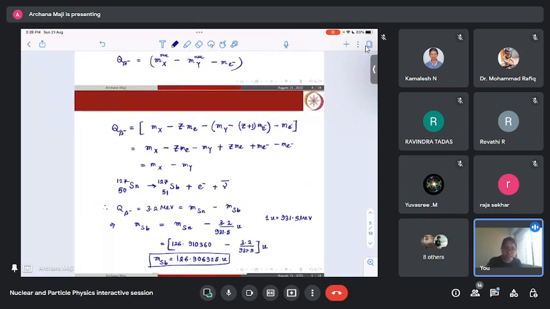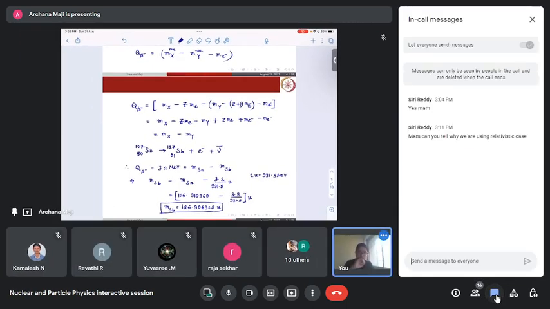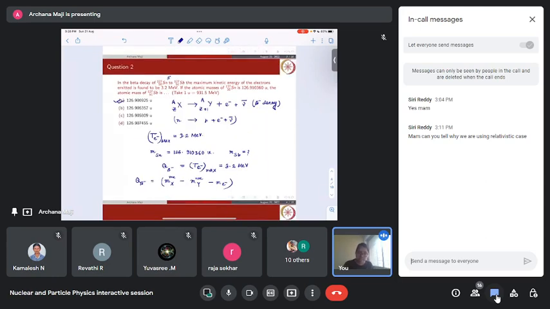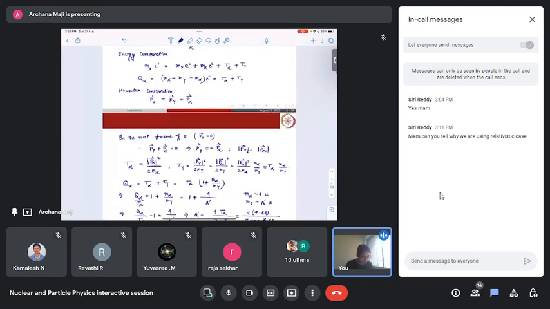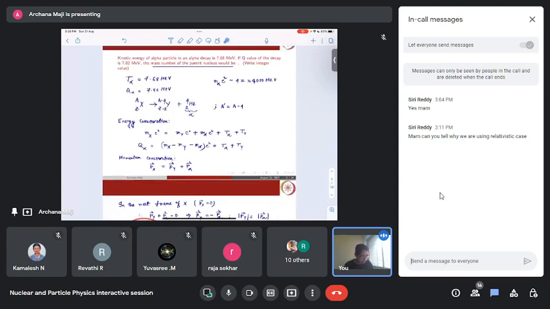Let me know if you have any doubts. Where are we using the relativistic case? In this problem, we said we are using non-relativistic formulas because the mass energy of the alpha particle is around 4000 MeV, whereas its kinetic energy is a few MeV.